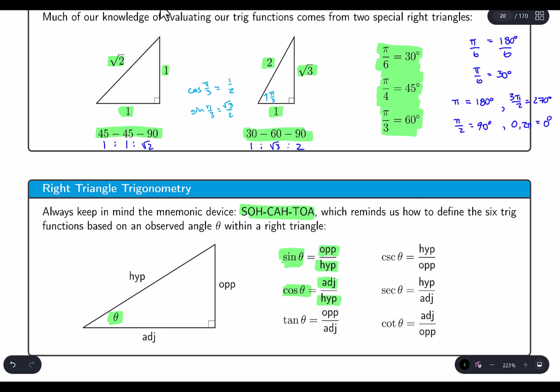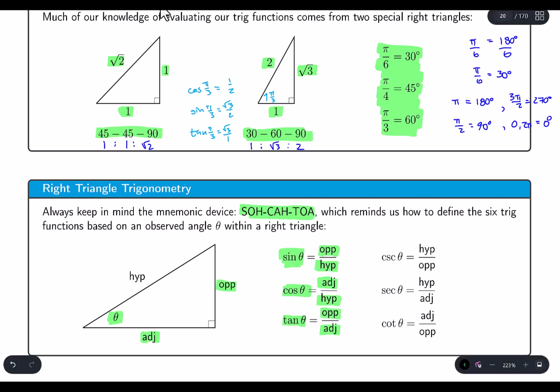All right, and then tangent is going to be opposite over adjacent. In this case up here, the tangent of pi over 3 would be root 3 over 1, which would of course just be root 3. Now, those are your main three basic trig functions, and SOHCAHTOA tells you how to define those based off of a right triangle.